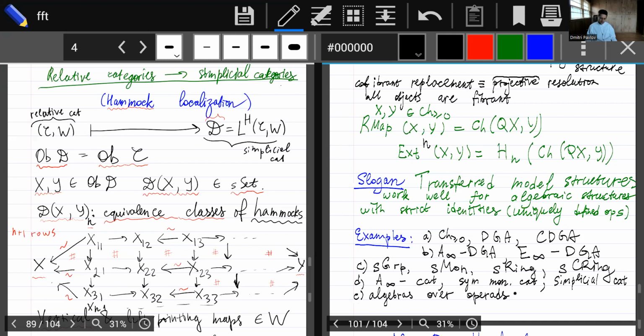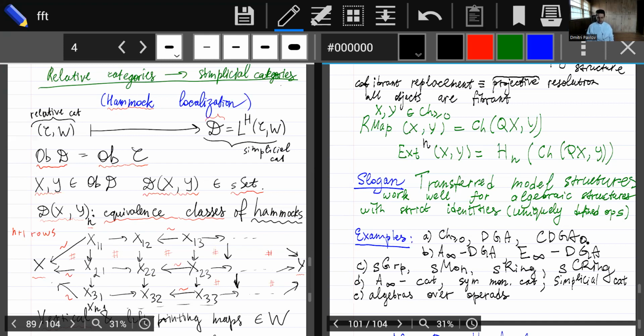Algebras over operads, which subsumes part B as a special example and also part A. So whenever you have strictly defined algebraic operations, you can expect a transfer model structure. And strictly speaking, for commutative DGAs, you would expect it only for rational commutative DGAs, because for characteristic p, you would need E infinity DGAs.